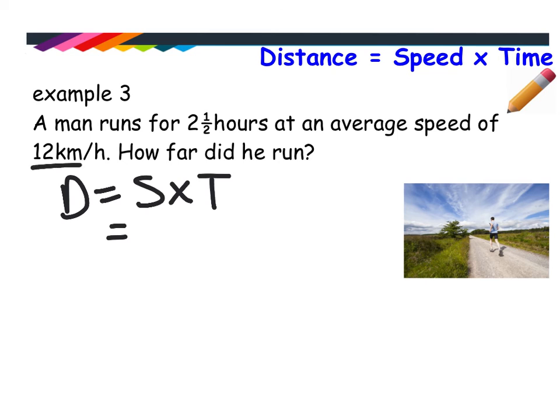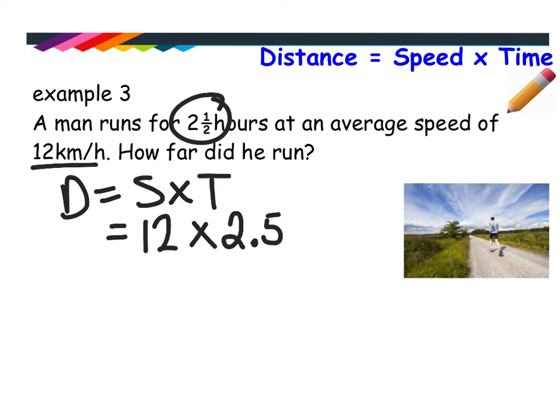So the speed is this bit here, which is 12 kilometres per hour, times now 2.5 hours, we're going to write as a decimal as 2.5. And just remember, 2 hours 30 is not 2.3, it's 2.5. So can I always try and say it as a fraction first? And then you're going to do 12 times 2.5, which gives you 30. And we were talking about kilometres this time, so our distance is 30 kilometres.